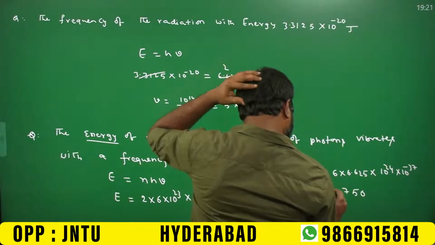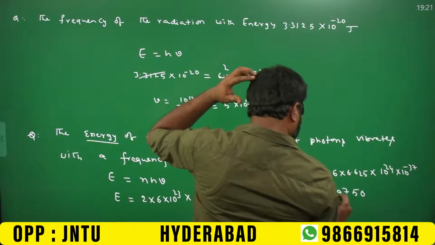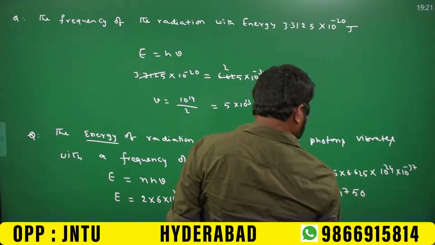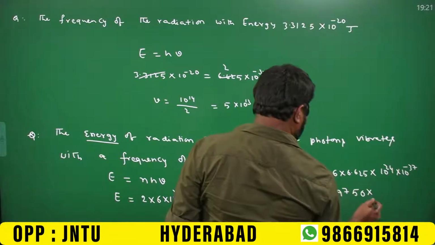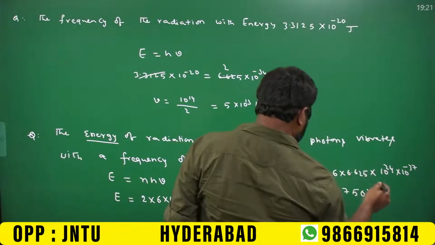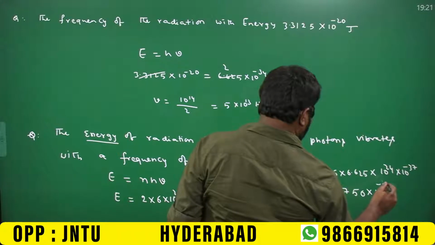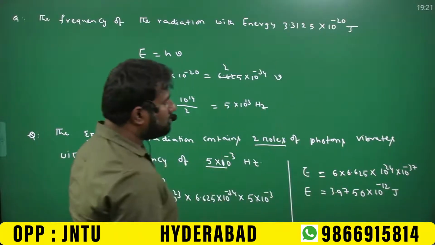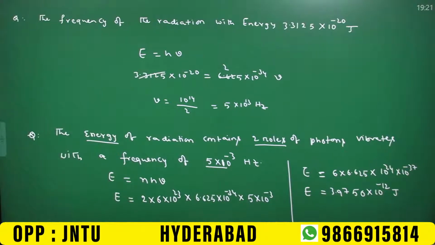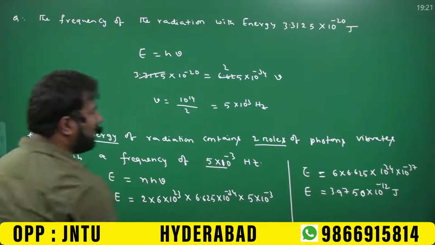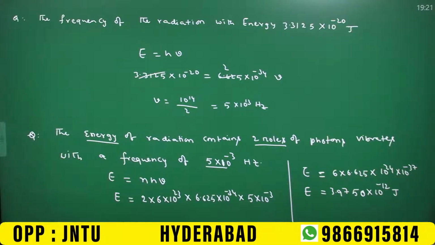That gives 39.750 into 10 power 25 into 10 power minus 37, which is 10 power minus 12. So E is 39.75 into 10 power minus 12 joules.